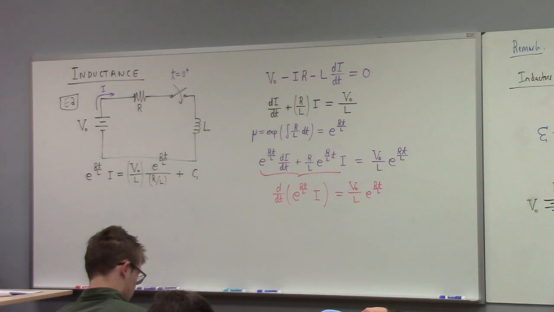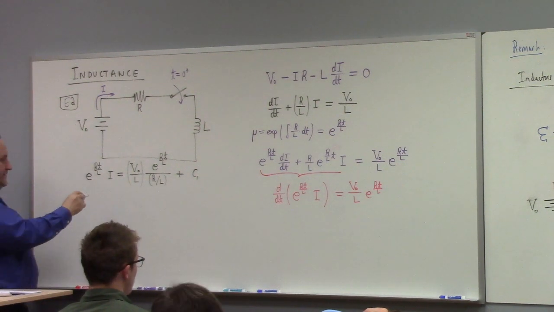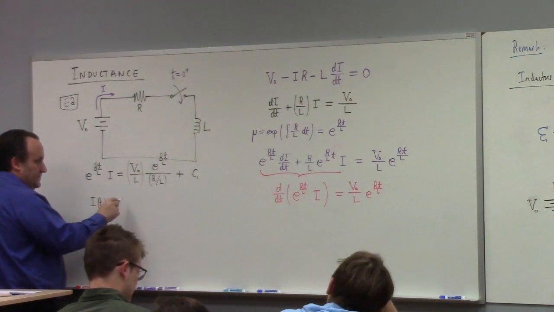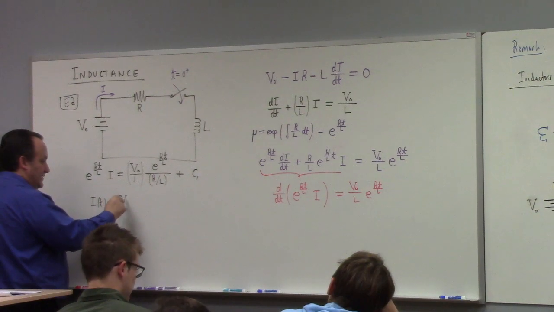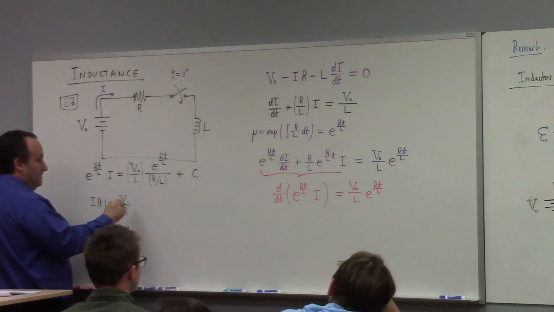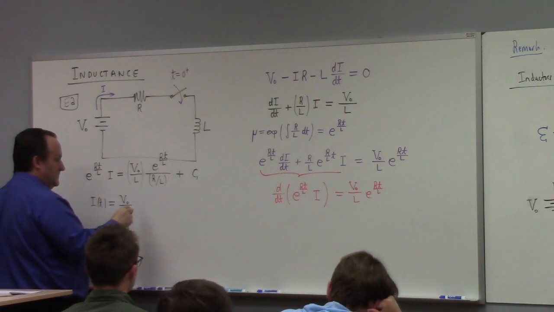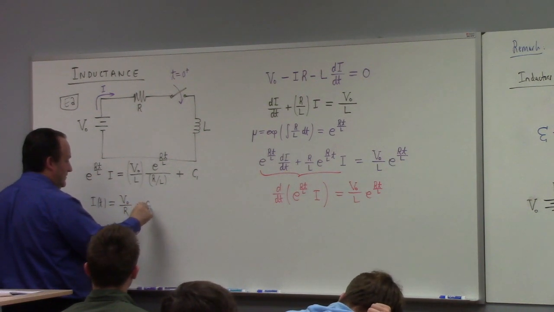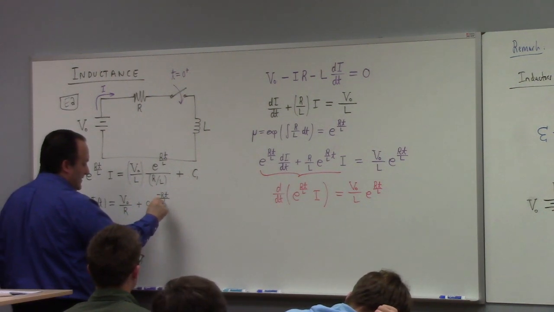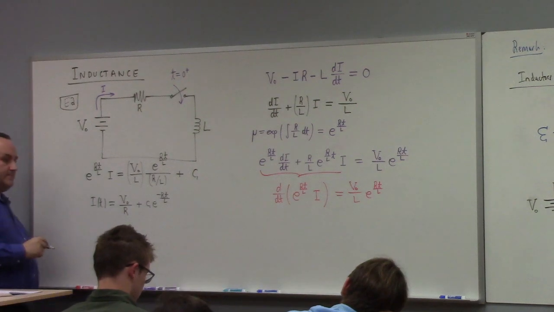Then multiply by the integrating factor, and that gives me the current as a function of time equal to V naught over R, plus C1 e to the minus RT over L. The L's cancel and the exponential cancels, because I divided by the integrating factor.